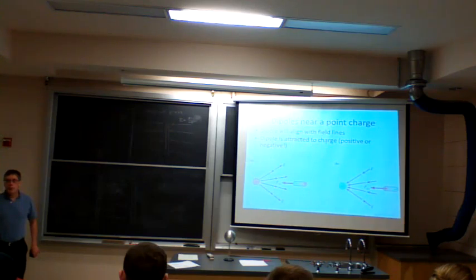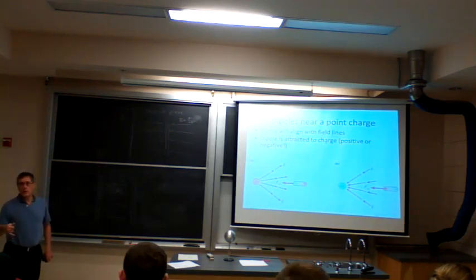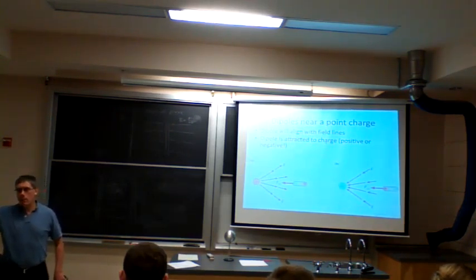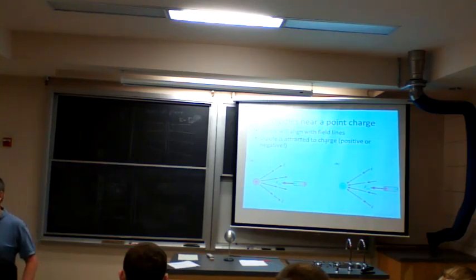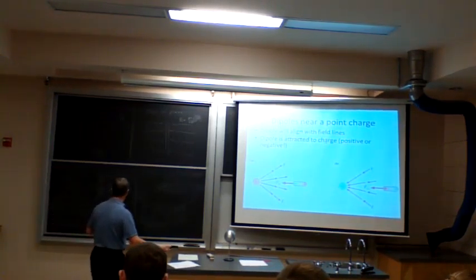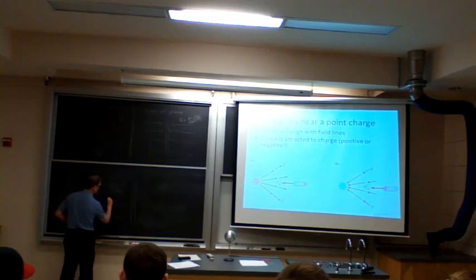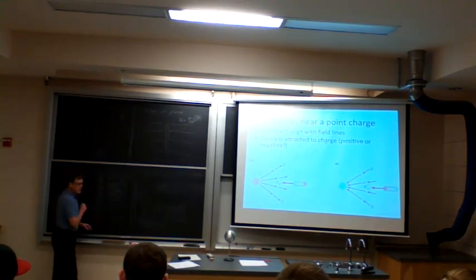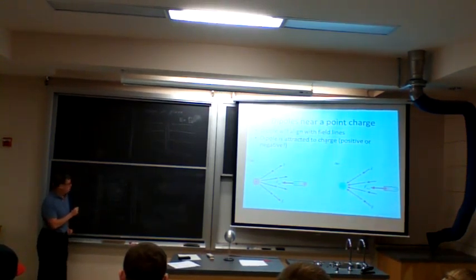So if we have a neutral object near a charged object, and there's any dipoles inside that neutral object, so there's atoms that become dipoles, they will align with the field. The dipole in this instance, what was the net force? 0.